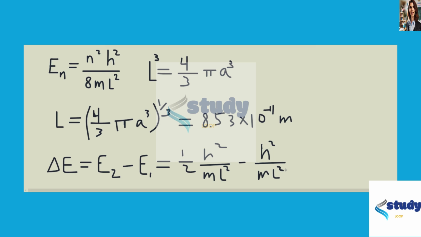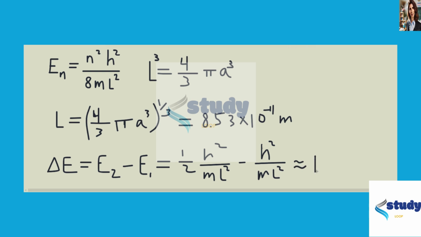Again, h is Planck's constant, so we're going to use units of electron volt seconds. That's 4.136 times 10 to the minus 15 electron volt seconds, and the mass here is 0.511 times 10 to the 6 electron volts per speed of light squared, per c squared.